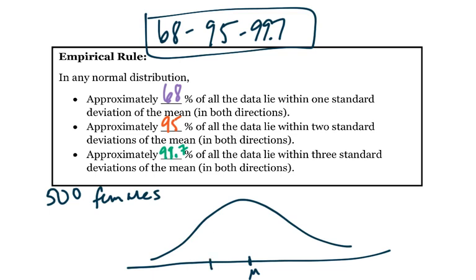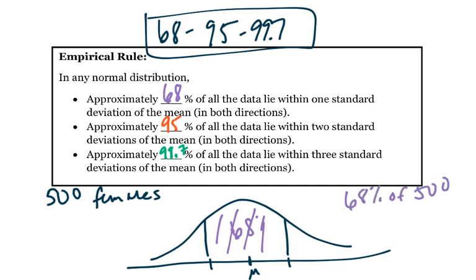And so it's asking how many of the females will have heights that lie within 1 standard deviation about the mean. That means going both directions. So we know that this, by the empirical rule, represents 68% of our data. So if I find 68% of 500, that will tell us how many females will have heights within that range. And remember, this mu down here is telling us the average height.